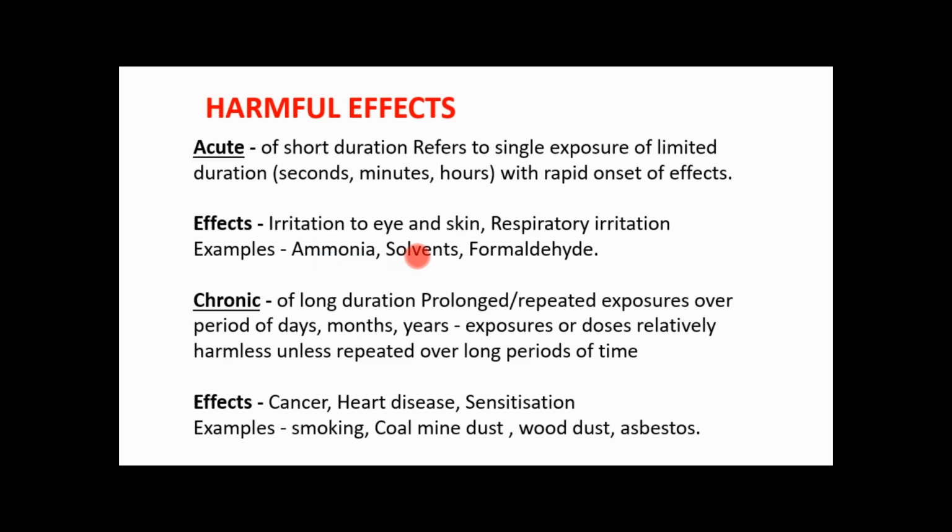Then solvents can be easily respired by human beings, and formaldehyde can again enter into your body. But the effects are normal or controllable, and the duration is short. That is why they are called acute harmful effects.